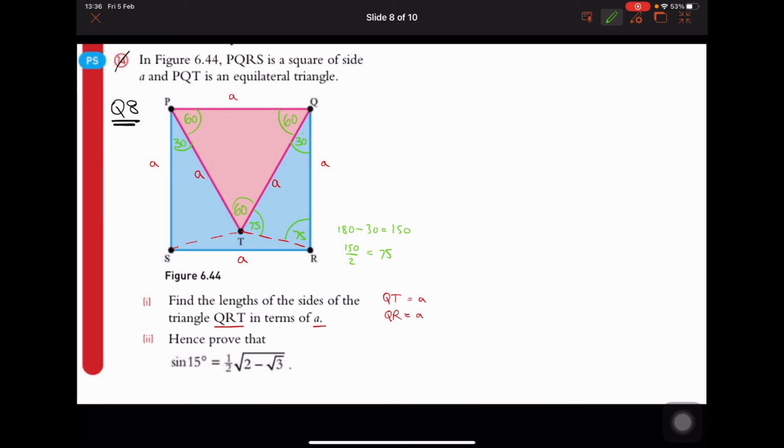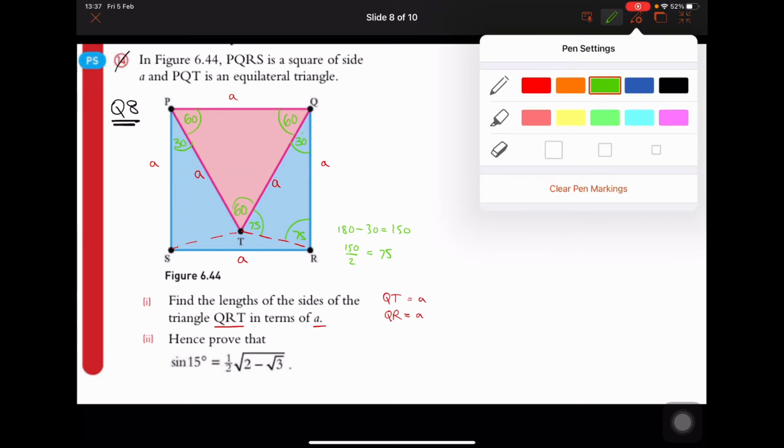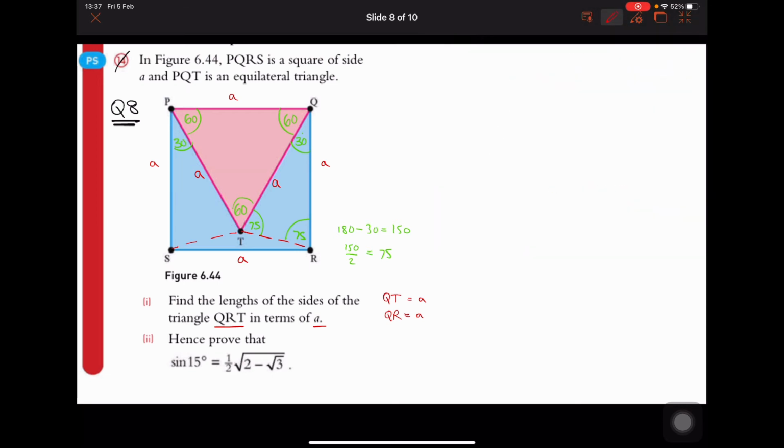Okay, so let's see. Does that help? We could use the sine rule or the cosine rule to find the length of RT. So let's try the sine rule.